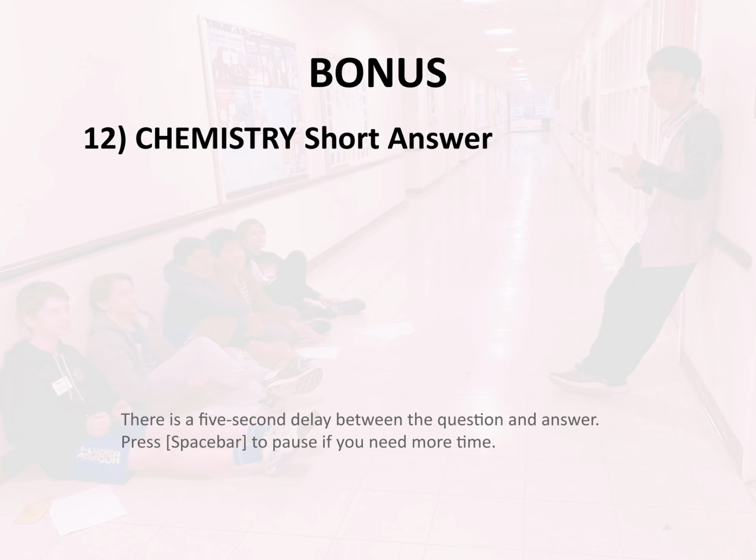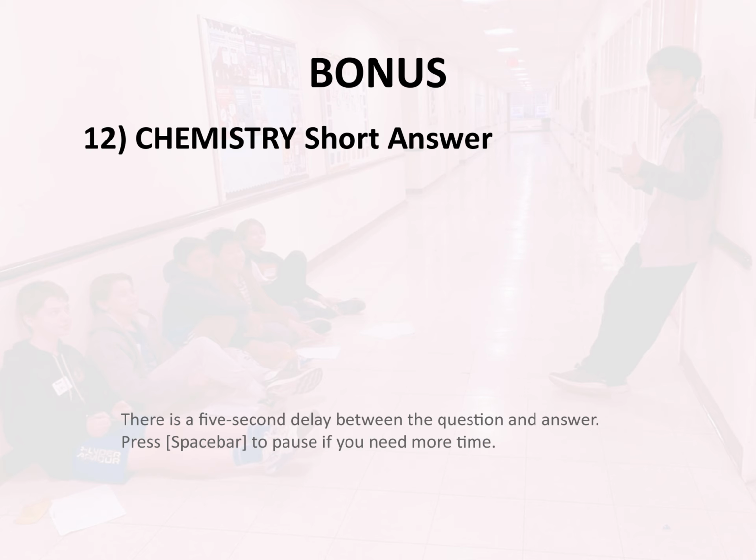Bonus 12. Chemistry. Short answer. An adsorption isotherm apparatus consists of a dosing chamber with a volume of 30 milliliters as well as a sample chamber. The two airtight chambers are initially separated by a valve and at a pressure of 0 torr. Helium gas is let into the dosing chamber until the pressure reaches 600 torr.